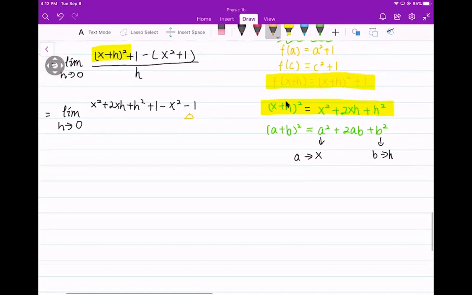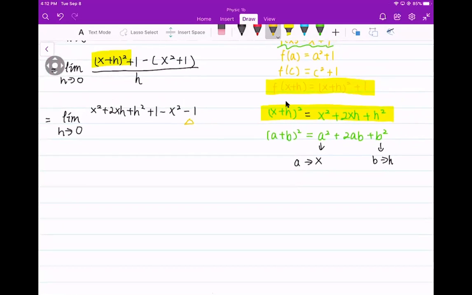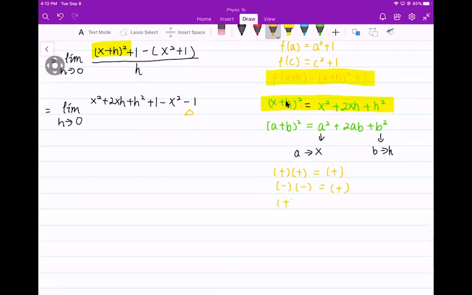Let's recall something that we learned before. When we have two plus signs, the final result will be a plus sign. When we have two negative signs, the final result will also be a plus sign. When we have one plus sign and one minus sign, the final result will be a minus sign. When we have one minus sign and one plus sign, the final result will also be a minus sign.